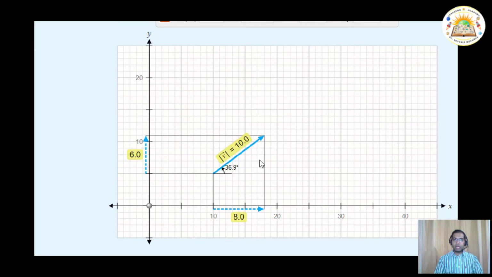For our understanding of vectors, we don't need that level of expertise. So the simple idea that we can have AX i cap plus AY j cap plus AZ k cap equal to A vector is more than sufficient for us to solve a few more concepts.